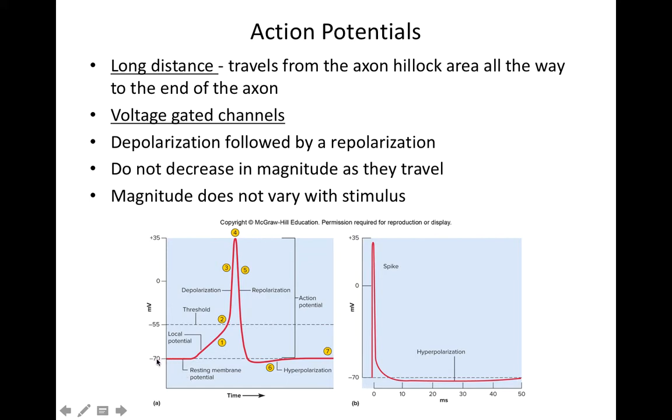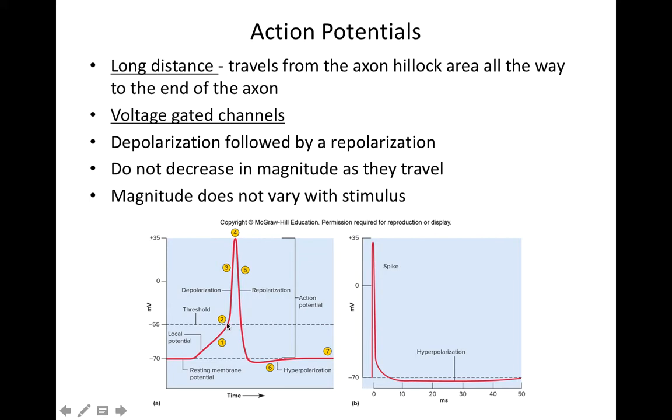So we start at -70. Between -70 and threshold, all of this is driven by local potentials. So this is all driven by opening up ligand-gated channels and hoping that we get to threshold.